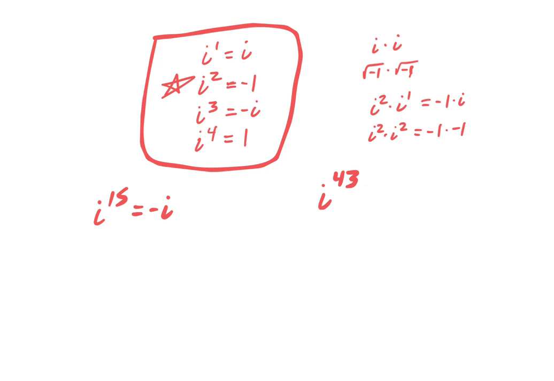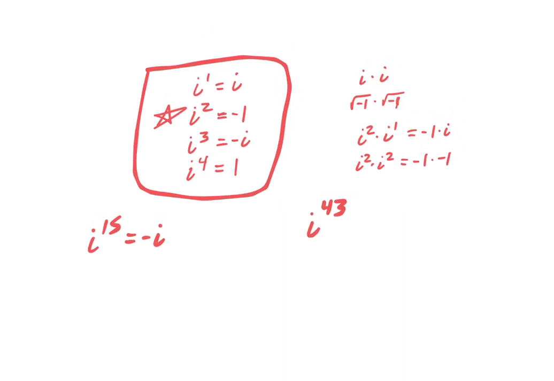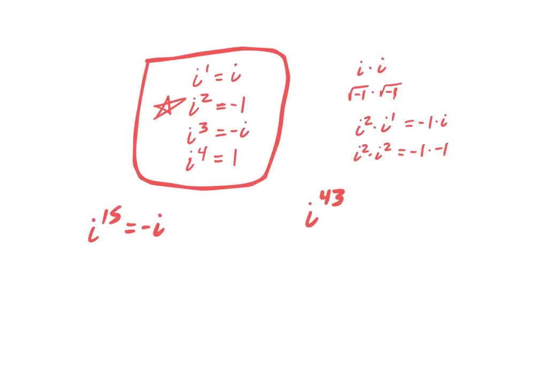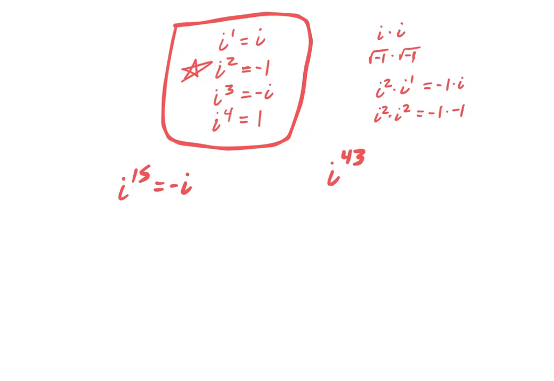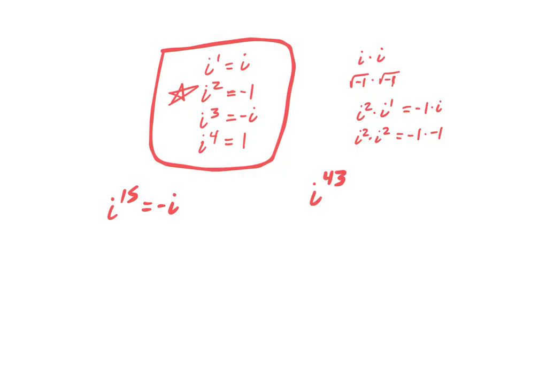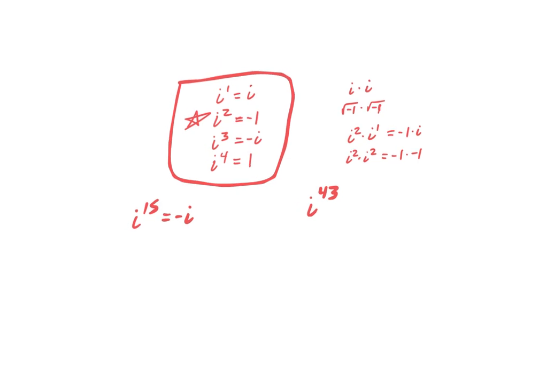So how do we do it if I go 43? Well, since we have a group of 4, we're going to find the number that's closest to 43 that divides by 4 evenly. What number is close to 43 that divides by 4 evenly? 40. Or what's even closer? 44. Yep, and you could do either one. I'm going to do i to the 44th.